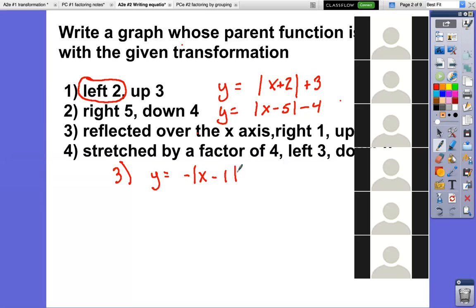Perfect. And then on the outside, it says up 6. So Caden Lesnick, what about up 6? Are you there, Caden? All right. How about you, Jalen? +6. Perfect.